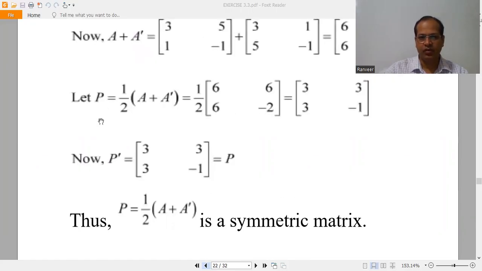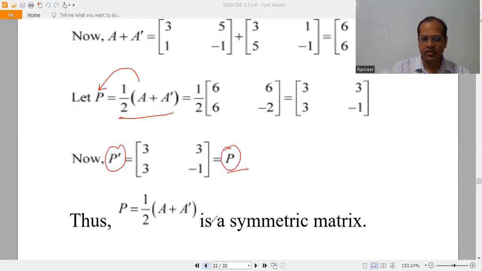We took half of A plus A transpose and represented it as P. So P transpose is equal to P, which shows this is a symmetric matrix.